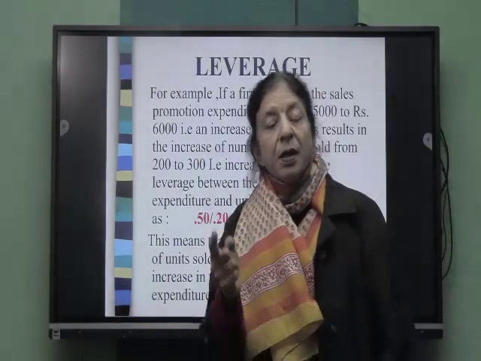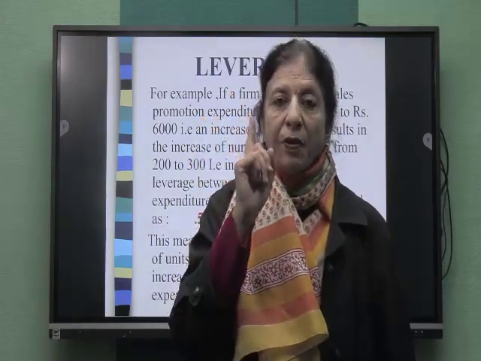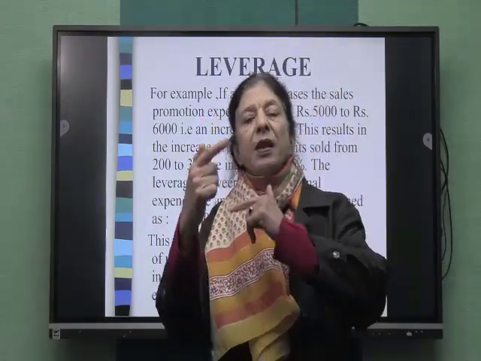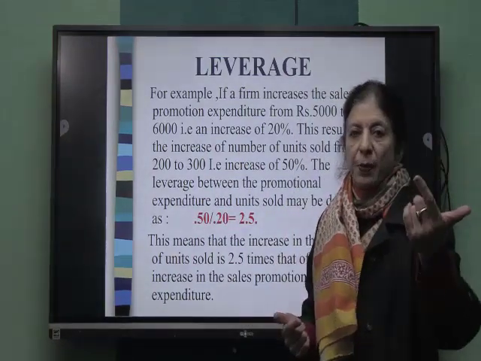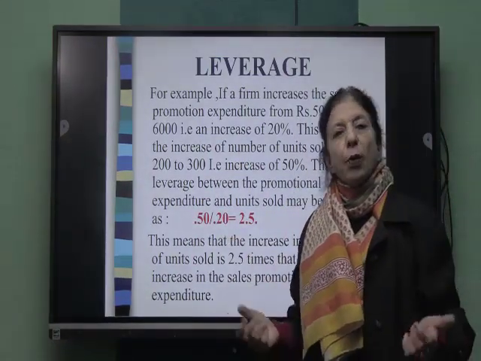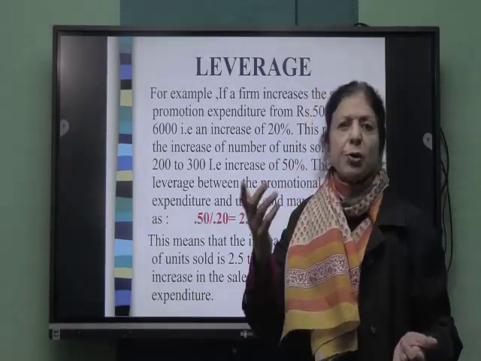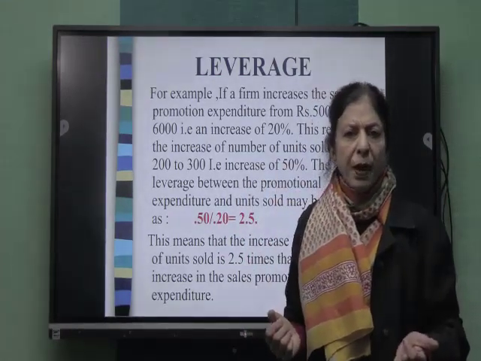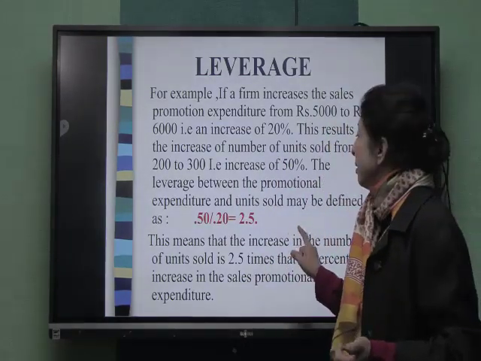That means if I increase the promotional expenditure by 1 rupee, my sales will increase 2.5 times that of the promotional expenditure. And therefore, what will be the decision? Can you tell me? The decision will be, yes, I should go for the increase in the promotional expenditure. That is how the leverage really helps me in decision making.